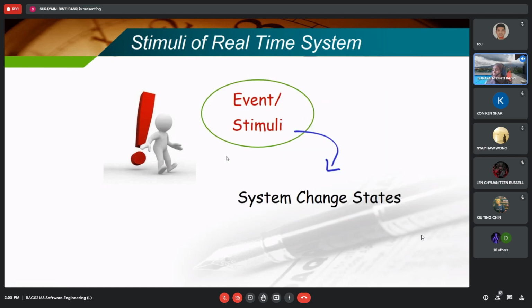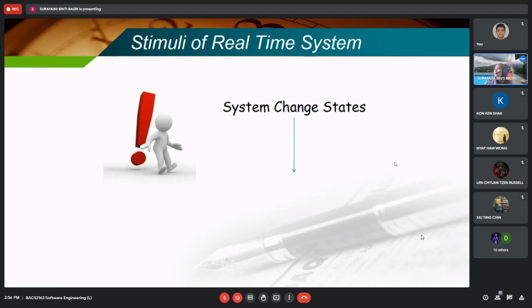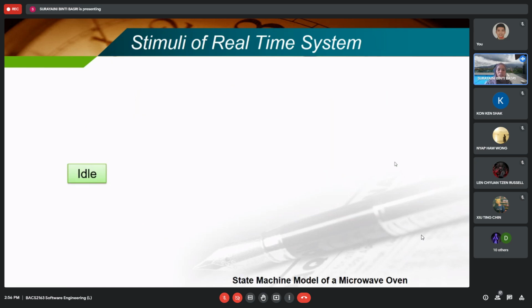This stimuli will cause the real-time system to change its state. When the real-time system changes its state, it can use state machine modeling.